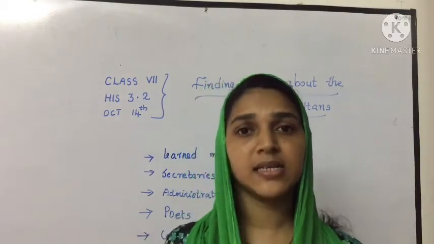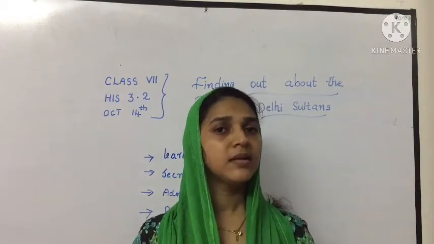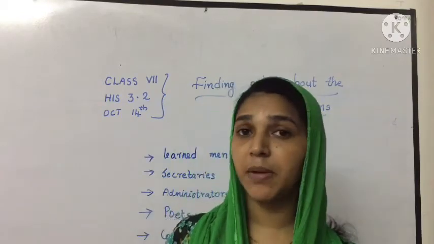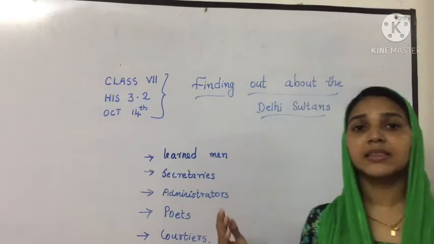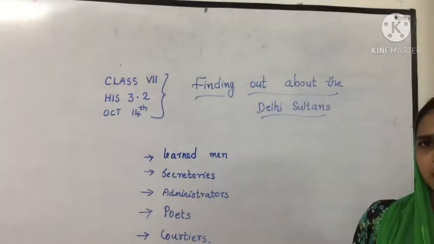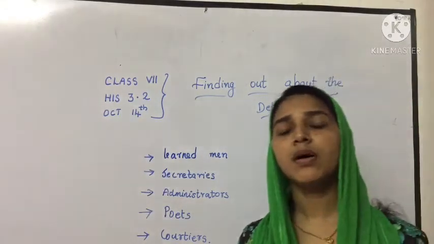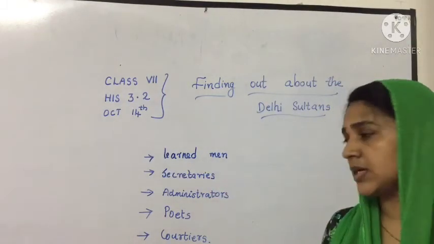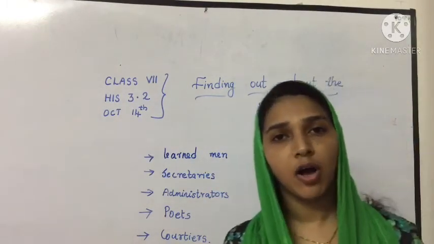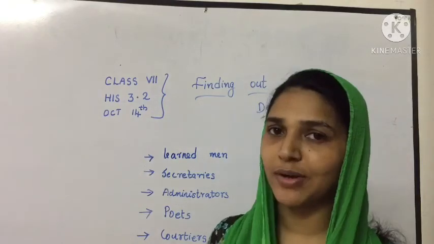In the Southern dynasties we saw that the Prashastis were written by Brahmanas. Likewise, in the Sultan period, the Tarikhs and Tawarikhs, that means the manuscripts, were written by the learned men, secretaries, administrators, poets and courtiers. That's all for today.